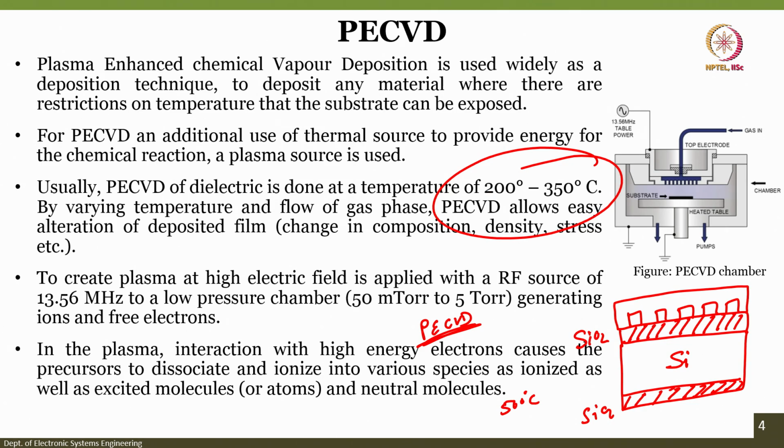But you can very well control the film thickness, you can change the flow of the gas, you can change the temperature, and changing these parameters will change the overall composition of the film, the stress in the film and the density of the film.